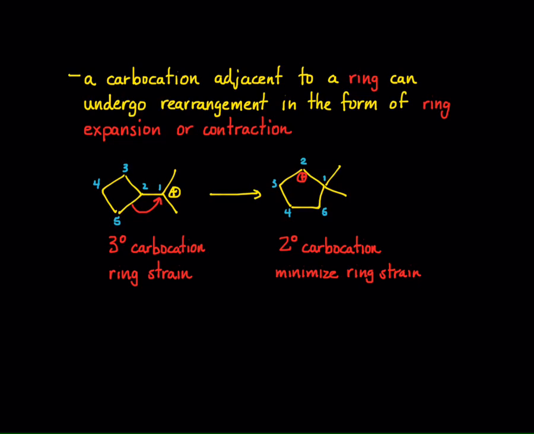But if we understand all the little details about it, that carbocations are going to stabilize themselves, be they from substituents that can donate electron density through resonance or inductive effect, or even a different type of strain like ring strain, we have to be aware of that, right?